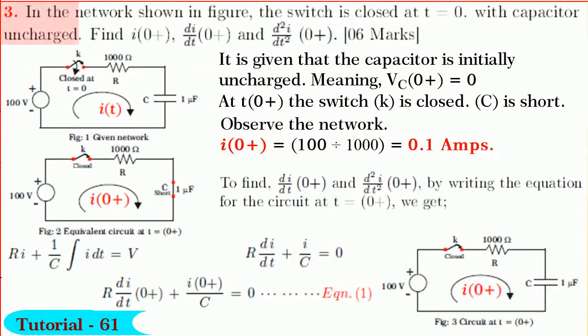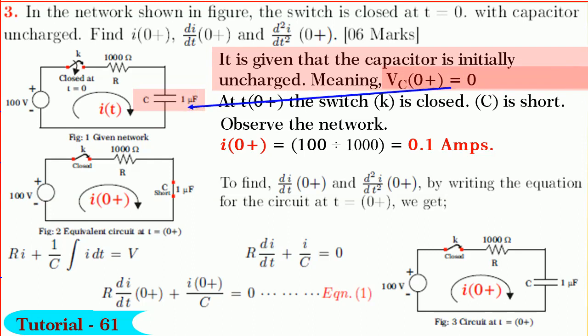Friends, next we shall solve question 3. In this question, we are required to find I(0+), di/dt at 0+ and d squared i/dt squared at 0+ in the circuit shown in figure. It is given that the capacitor is initially uncharged, meaning Vc(0+) is equal to 0.